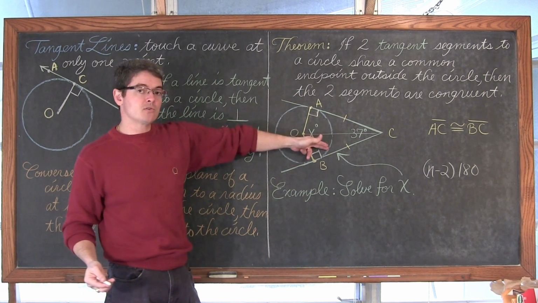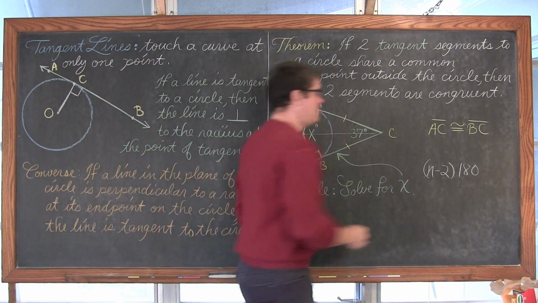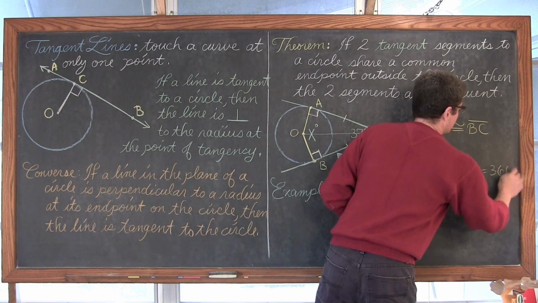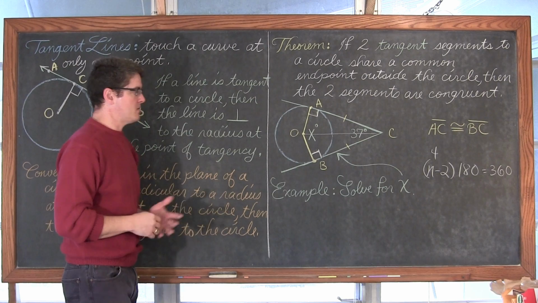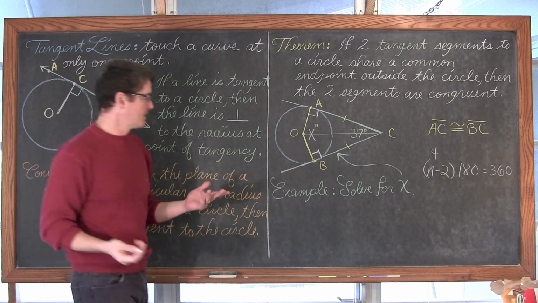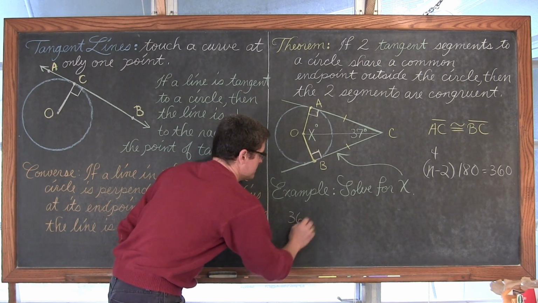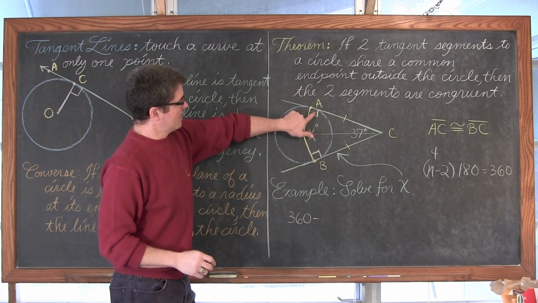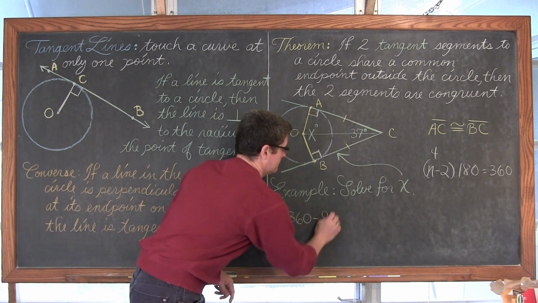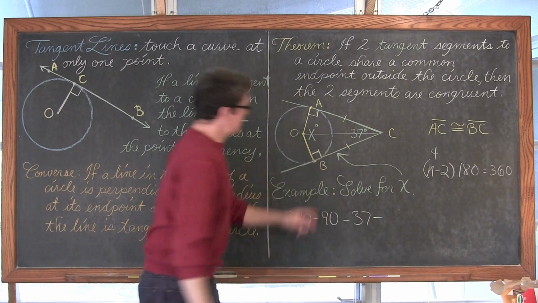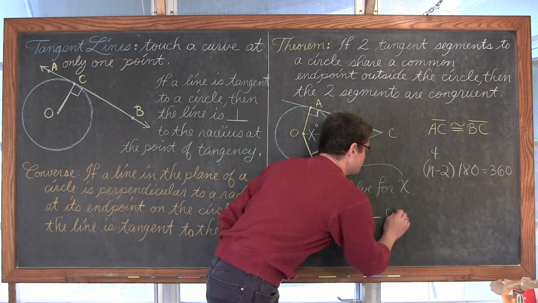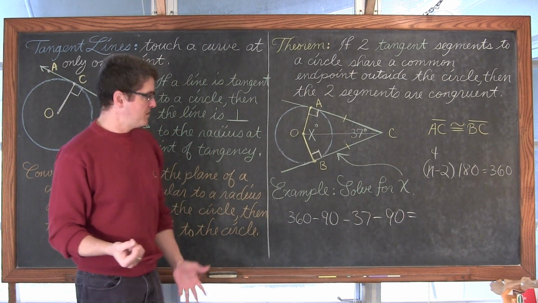Oh look, I can only make two triangles. 2 times 180 is equal to 360, or 4 minus 2, which is 2 times 180 is equal to 360. So this is pretty simple. It's just going to be 360 degrees minus the 90, minus 37, minus another 90, and you solve that for x and you're going to have your answer.